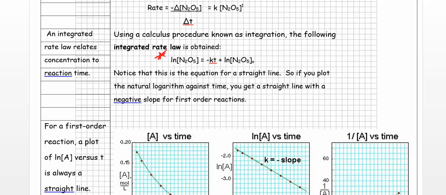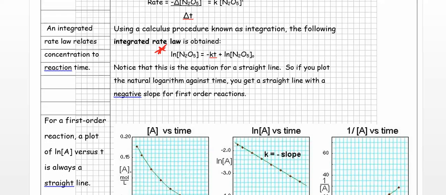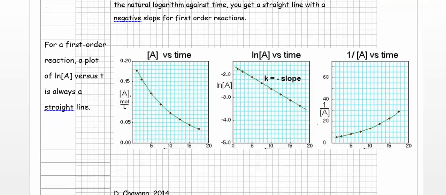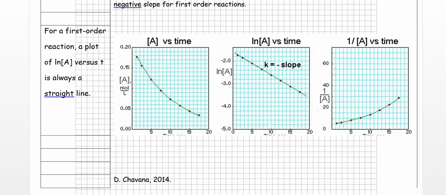So that's it. That's the integrated rate law, all right? If we take the natural log of the concentrations and we plot that against time, we should get a straight line, right? Now, the straight line is going to have a negative slope, but that's not going to bother us. So let's take a look at what that's going to look like graphically.